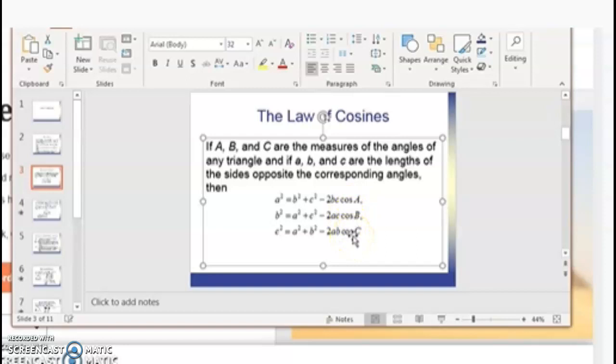So each version of the law of cosines can be solved for the cosine of the angle, and then you may use the inverse function as usual to find the angle measurement. So in short, the law of cosines can be used to find the lengths of sides and the measures of angles.